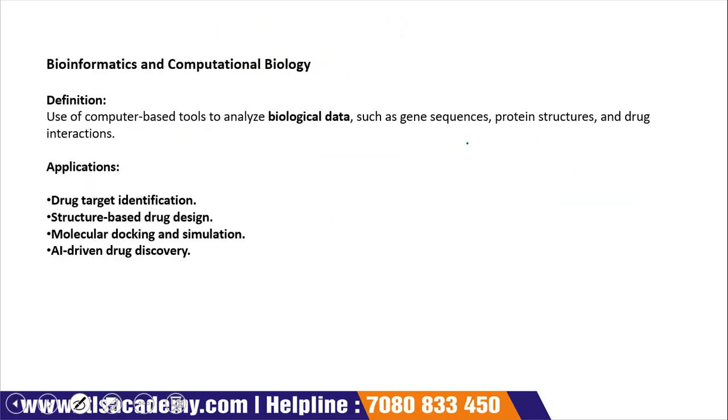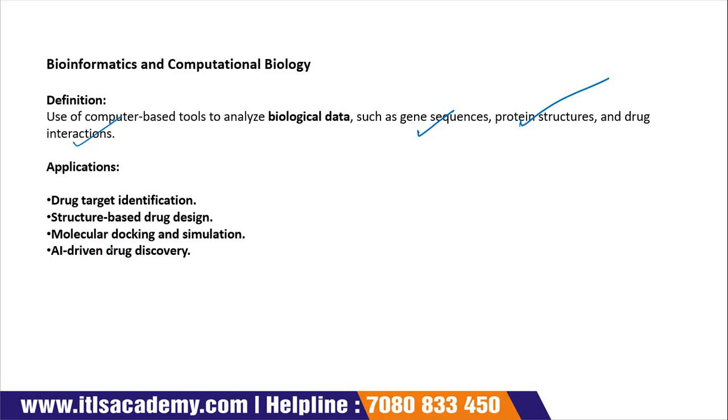Okay. Now for bioinformatics and computational biology. In bioinformatics and computational biology, in this branch we use computer based tools to analyze or to interpret the biological data. Okay, with the help of bioinformatics tools, we find out the gene sequences, protein structures, and drug interactions.